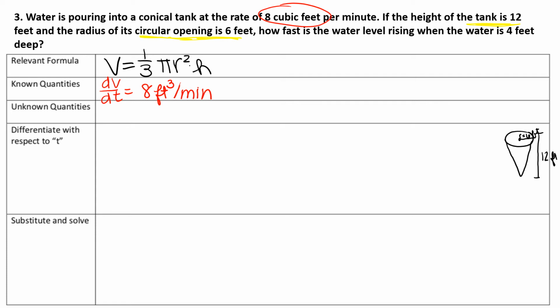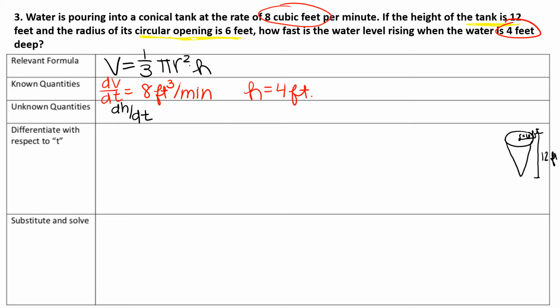So then we want to know, how fast is the water level rising? So that's our question, is to find dh/dt, the rate of change of the height of the water, when the water is 4 feet. So here, this is our h value. So they're telling us that h equals 4 feet.